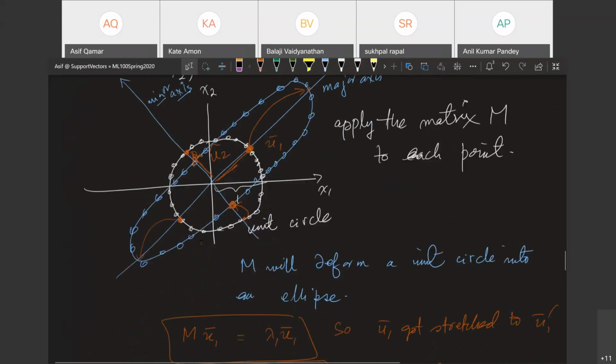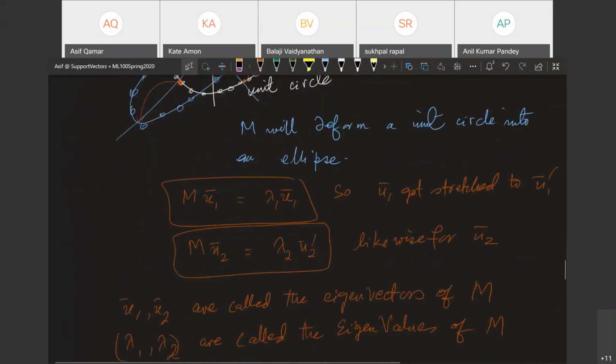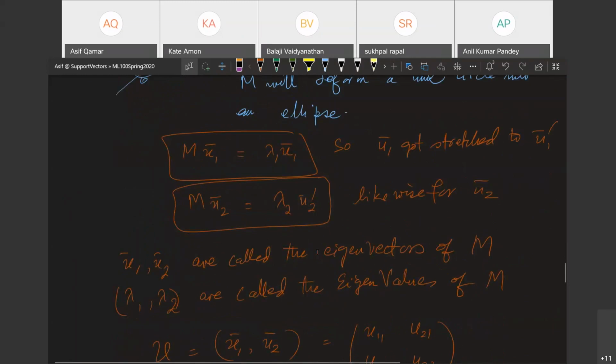By convention, you say the first stretch is the bigger of the stretching. If you apply the matrix to the points on that unit circle, which are all unit vectors, those 4 special points will just get stretched. U1 and U2 will just get stretched, and minus U1 and minus U2 will also get stretched.